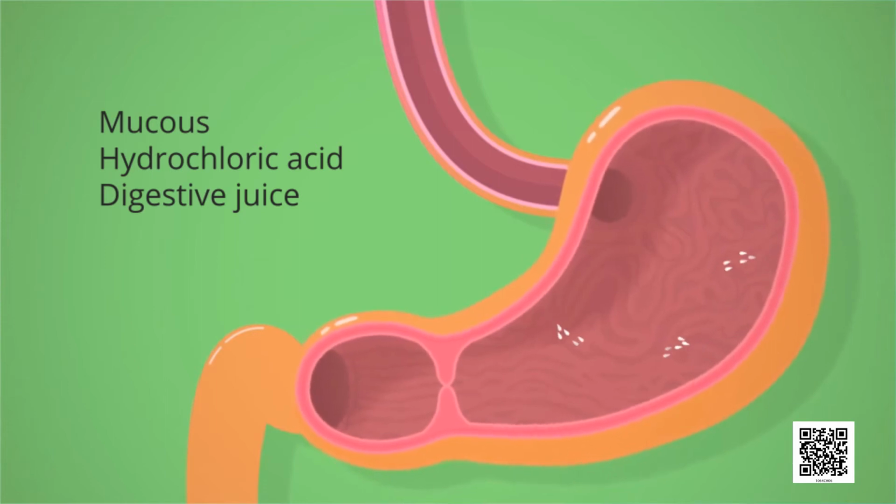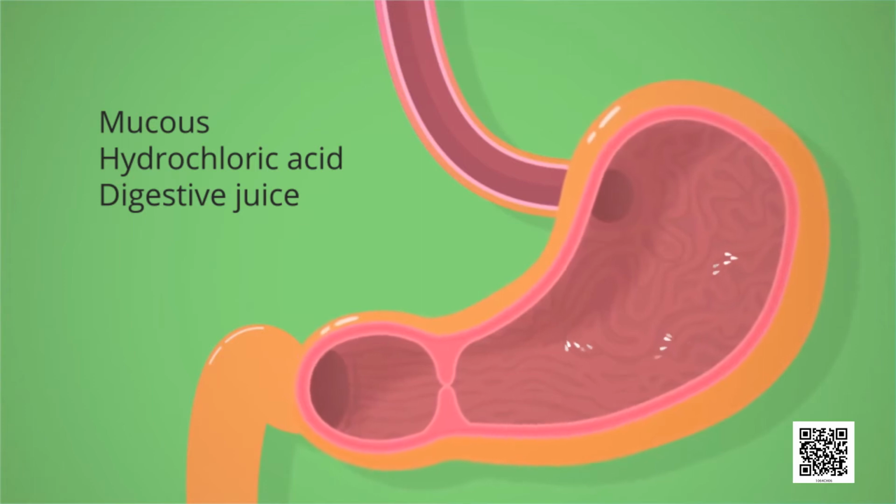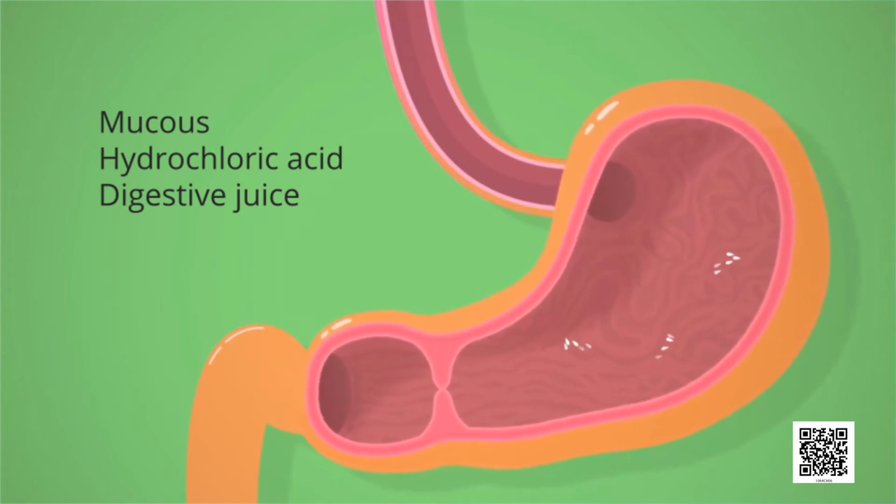The mucus protects the lining of the stomach. The acid kills many bacteria that enter along with the food and makes the medium in the stomach acidic, which helps the digestive juices to act. The digestive juices break down the proteins into simpler substances.